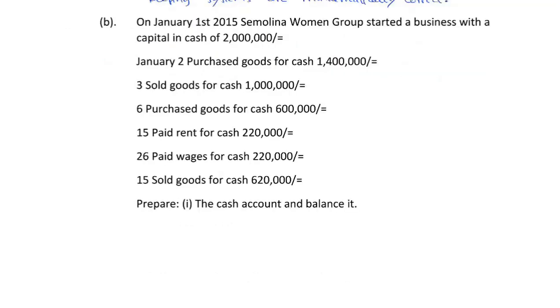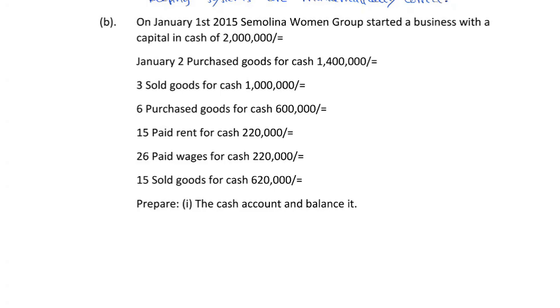Okay, so Part B, on January 1st, 2015, Semolina Women Group started a business with a capital in cash of 2 million. Okay, so they made some transactions there. We are supposed to prepare the cash account and balance it, and then we are supposed to prepare the trial balance.